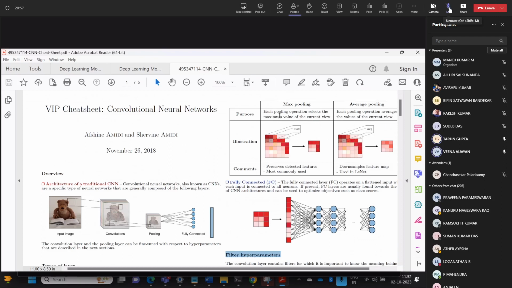Each pooling operation selects the maximum value of the current view, whereas average pooling takes the average value. When you select the max value, the intensity of the feature will be kept. It preserves the detected features. Whereas when we take the average, you are seeing the difference between these two images, right? It will downsample the feature map.